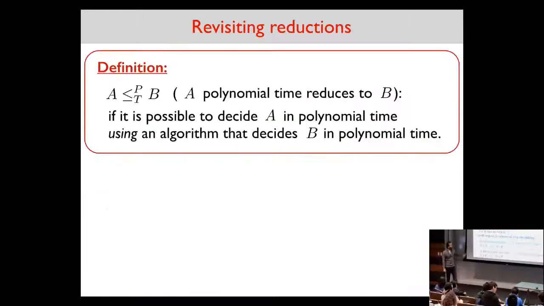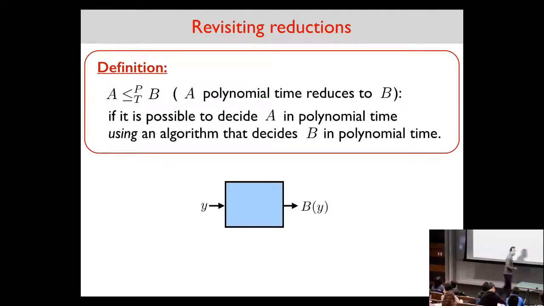We can define this notion simply as follows. Last time we saw reductions, we had A less than or equal to B with a subscript T, for a Turing reduction. Now we're going to also add a P to that notation, P for polynomial time. We say A polynomial time reduces to B if it is possible to decide A in polynomial time using an algorithm that decides B in polynomial time.